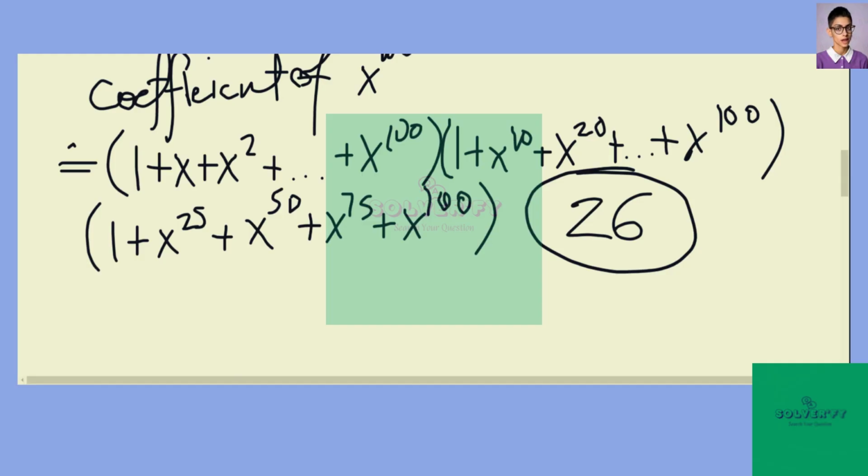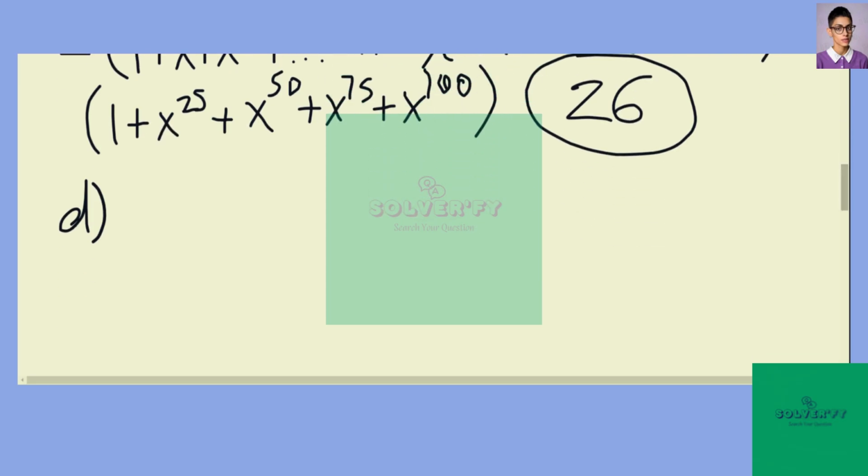And finally, in part D, we are asked to make change for a dollar using pennies, nickels, dimes, and quarters. So we have the generating functions for all of these, and the total generating function is going to be the product of all these generating functions.